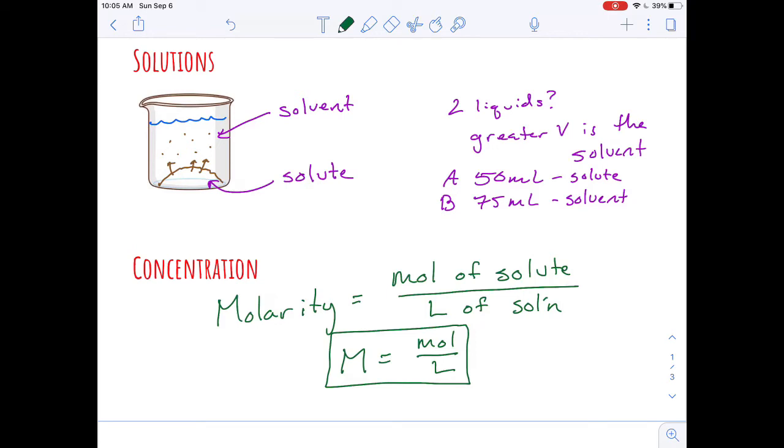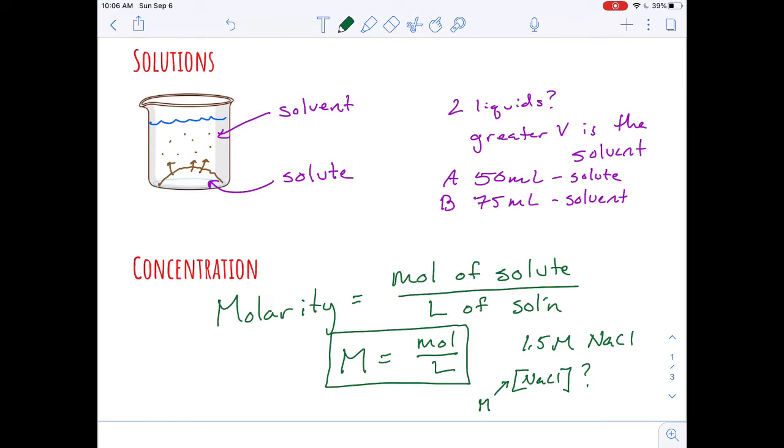If you ever need a shortcut, let's say a solution has a 1.5 molar solution of NaCl, you could put a bracket and say [NaCl] = 1.5, or the question could just say, what is the concentration of NaCl? When you see brackets, that means molarity.